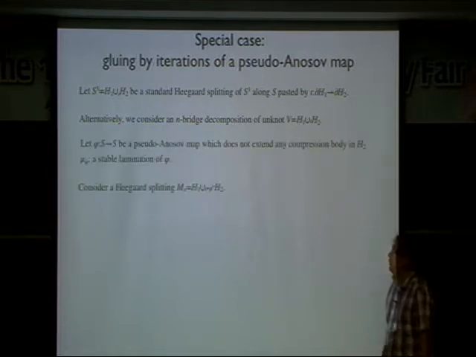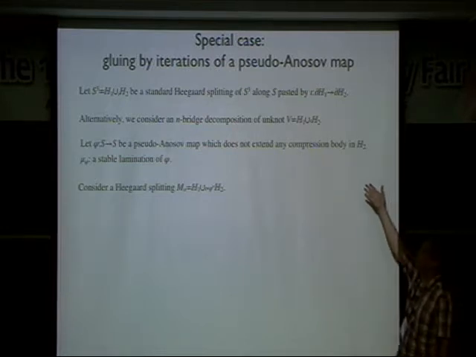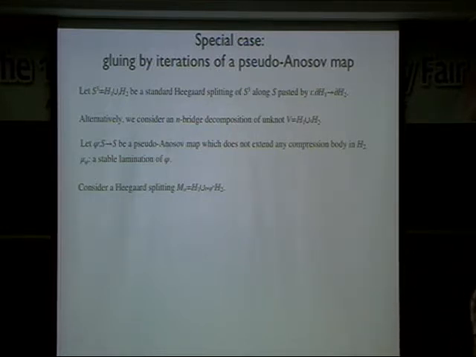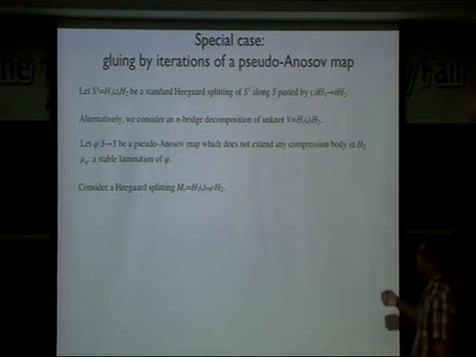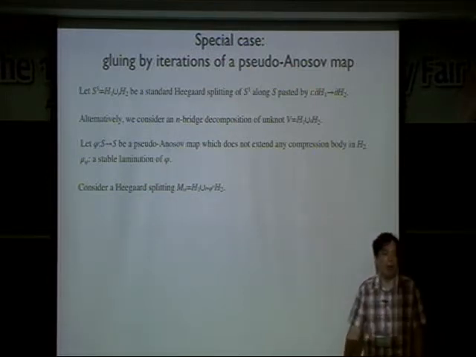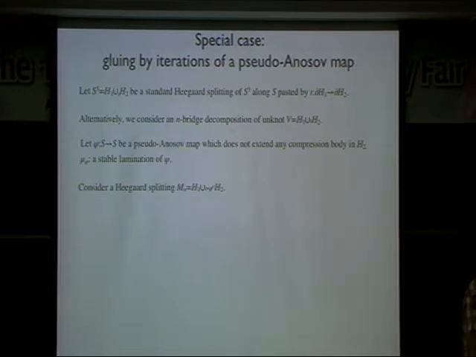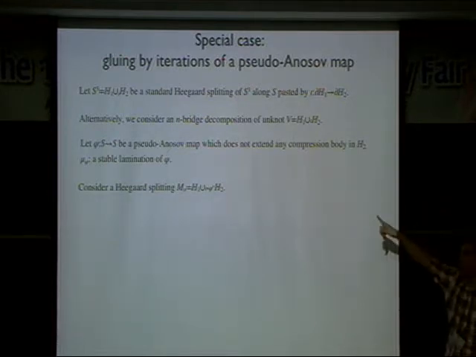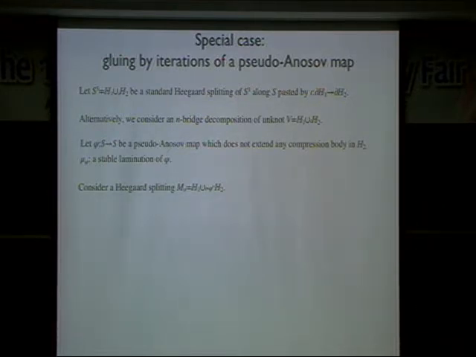And in the same way, we can consider the n-bridge decomposition of the unknot. And you consider a pseudo-Anosov map on the Heegaard surface. And we consider twisting the standard splitting of S3 by this pseudo-Anosov map.